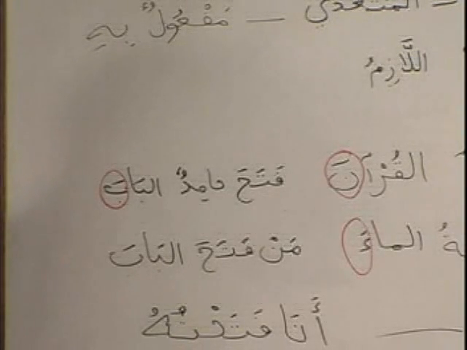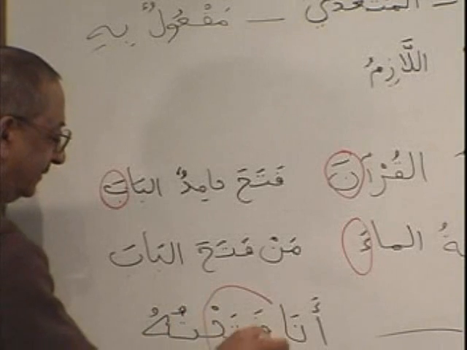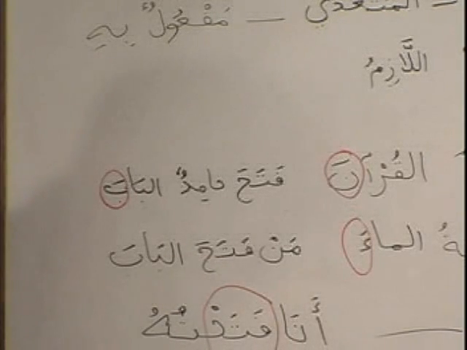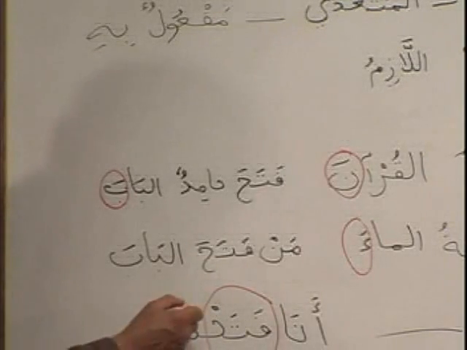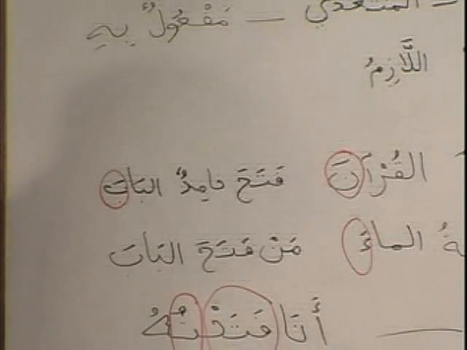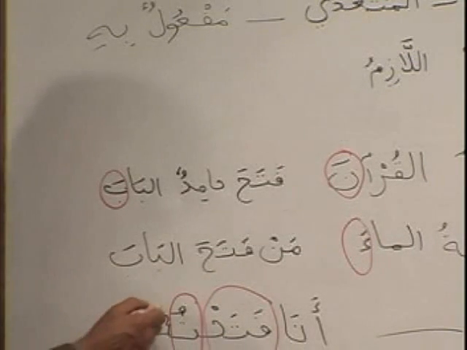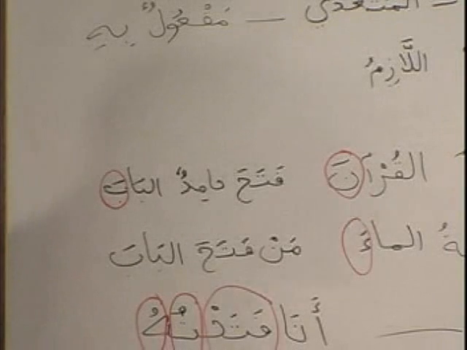Break it down. How many words are there? 3 words, brother. Fatah, fi'l. Tu, fa'il. And then hu, maf'ulun bihi.